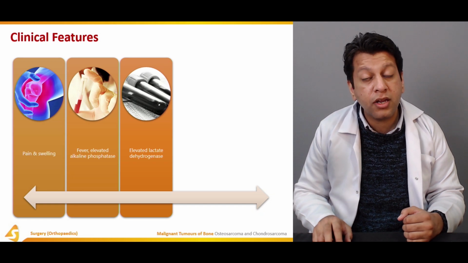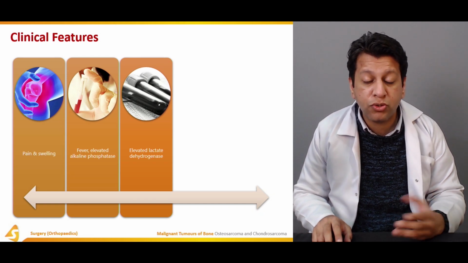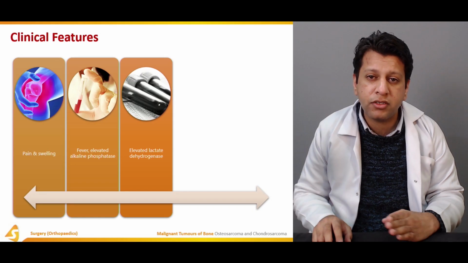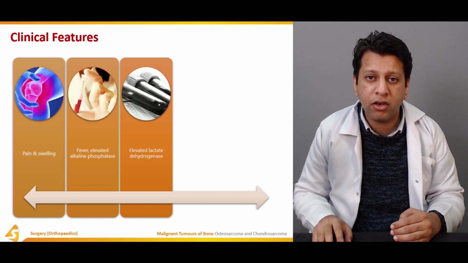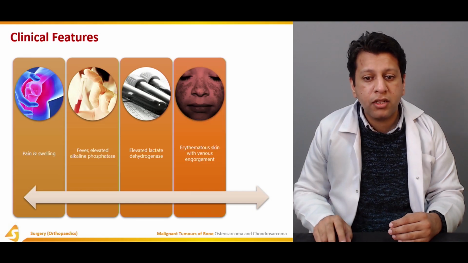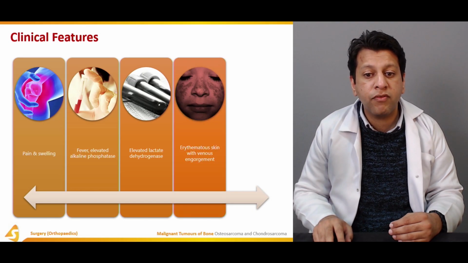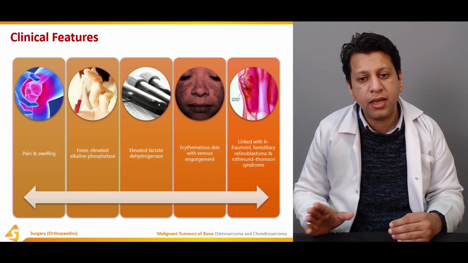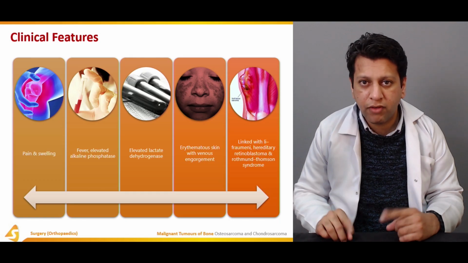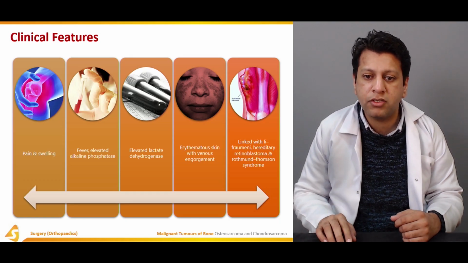There may be associated elevated LDH, which, as I just told you, is not specific for any disease. It could be for multiple tumors that produce higher levels of LDH. There may also be erythematous skin with venous engorgement. Although highly rare, it can present in an SLE-like fashion or with a butterfly rash around the face.